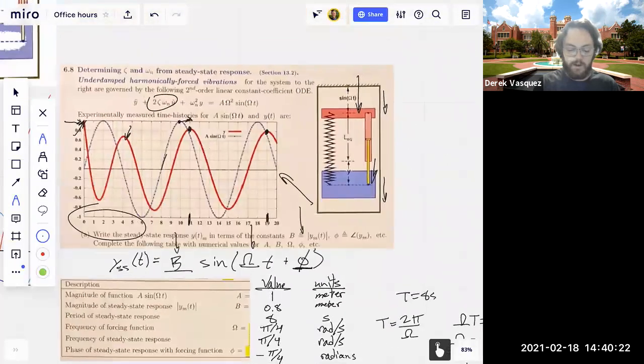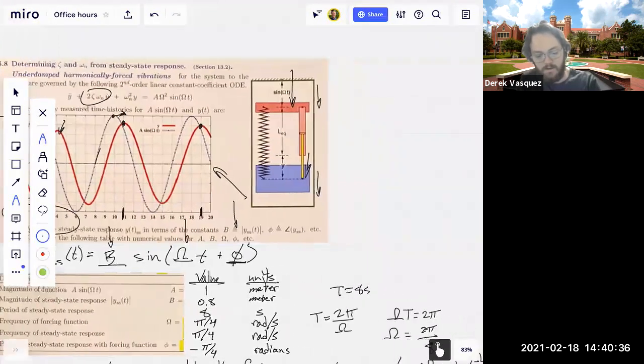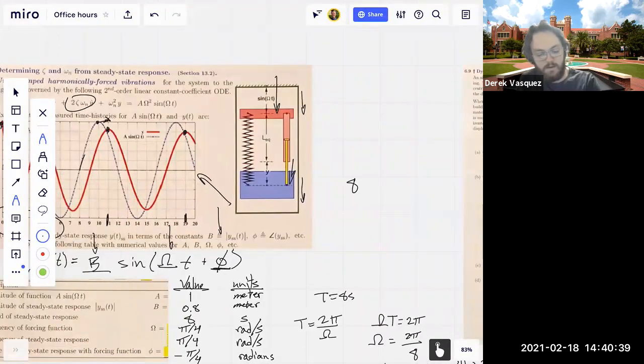So the reason the lag is negative pi over 4 radians is because one period is 2 pi radians. And so you can see that one period, so basically it's a unit conversion. It's a ratio. You have 2 pi radians in your 8-second period. And then you convert that to 1 second. And then that's your phase angle.